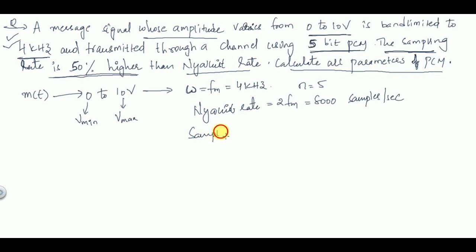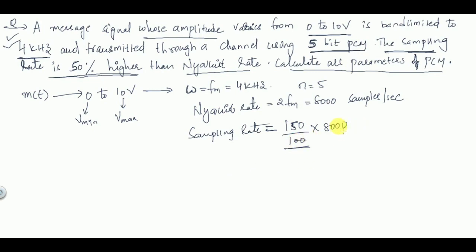So sampling rate is equal to, since it is 50% higher, how can we write it? It will be 150 by 100 times 8000. So this represents 50% more. 100 by 100 would be the same as the Nyquist rate, but it is 50% more, so I am writing 150 by 100.